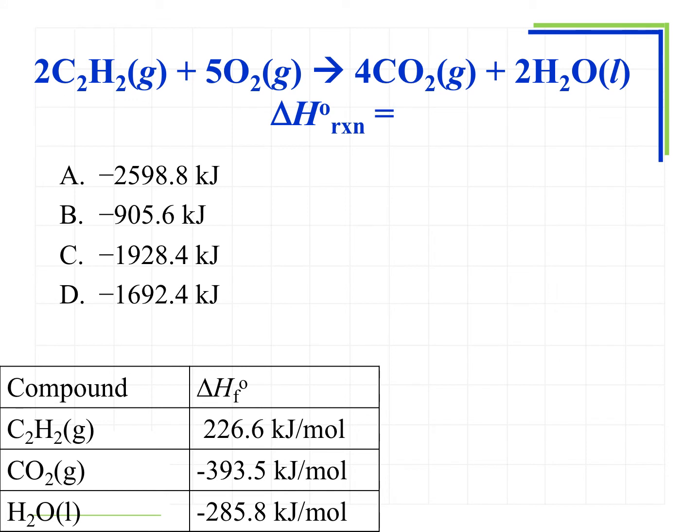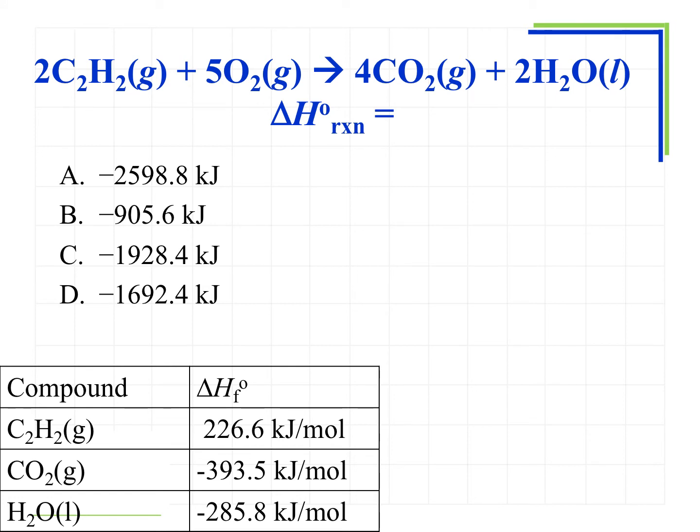Okay, so we have this equation here, and as I said, you can find the values of delta H of formation in references in your book, and there is a long list of everything. So you can get that and apply it to your question. We want to find the delta H of the reaction using the delta H of formation of each of these.